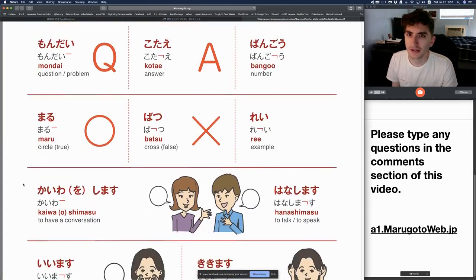And then this is, I think, unique to Japanese. Maru and batsu. Maru means circle. But they use this when an answer is correct. Okay, so if you got a question right, they will circle it. Maru. Okay?